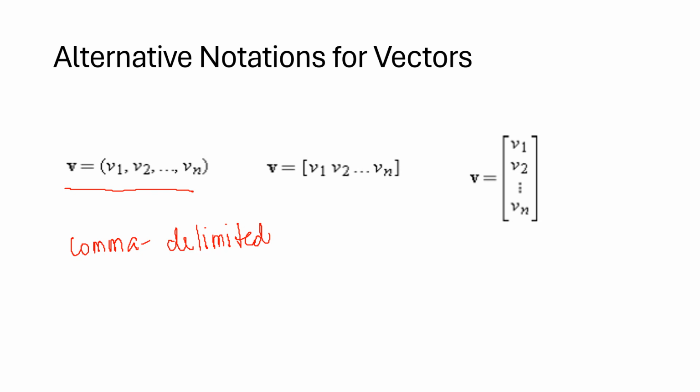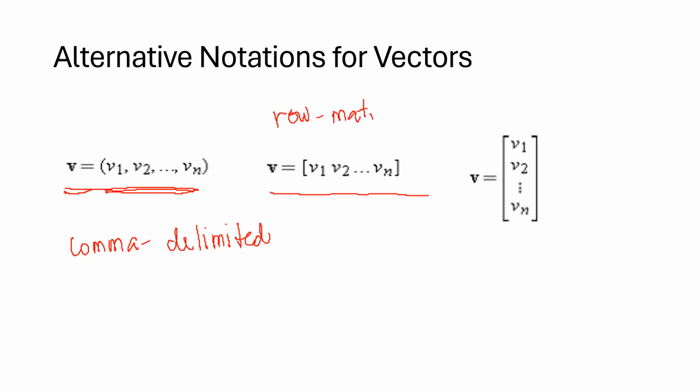However, since a vector in R^n is just the list of its n components in a specific order, any notation that displays these components in the correct order is a valid way of representing the vector. So, for example, these vectors can also be written as this one, which is called row matrix form.